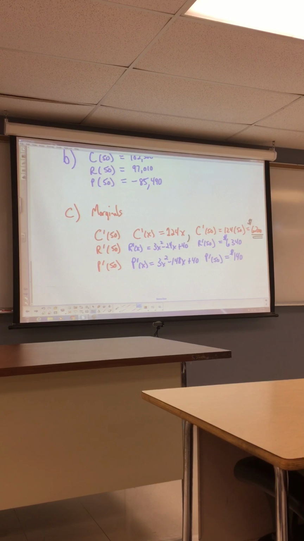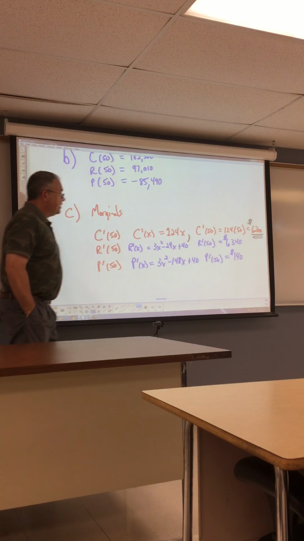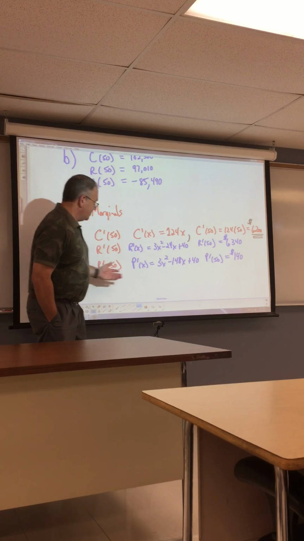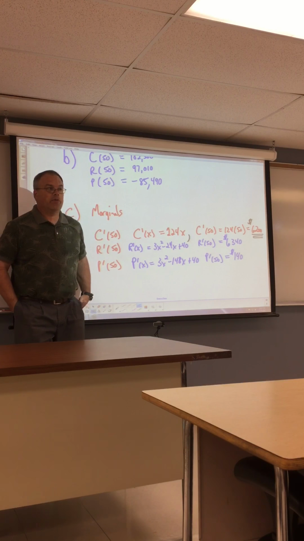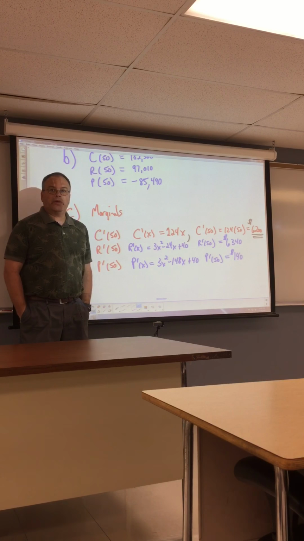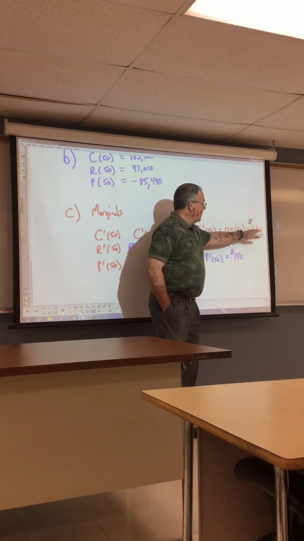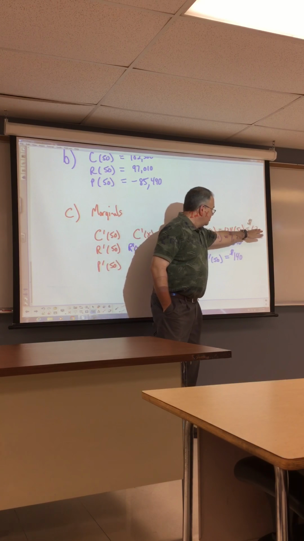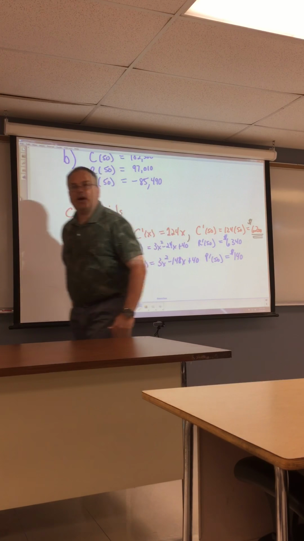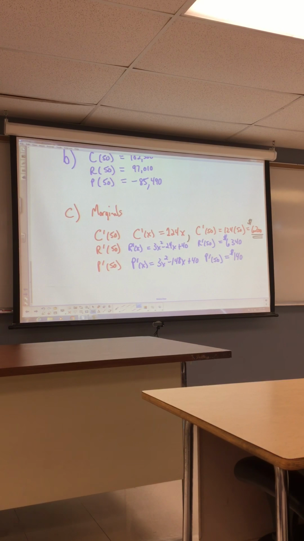Okay? So I make $140 profit, obviously, on my 51st item. Now, to be honest, we didn't really have to do that to come up with 140, did we? How could I have come up with 140? Subtract, yeah. My marginal revenue minus my marginal cost should equal my marginal profit. But we're just showing you that it works either way. That's a good way to check. Yes, correct.